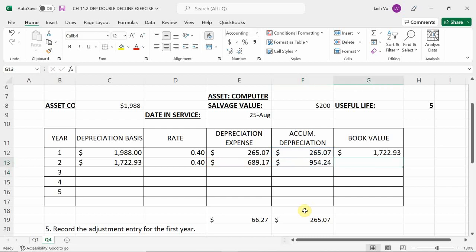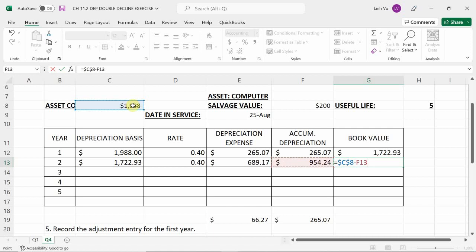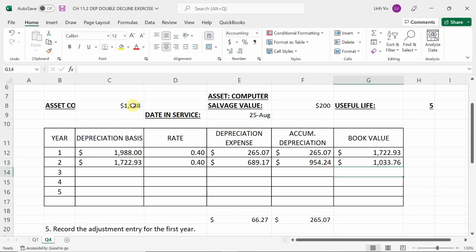So therefore, what is going to be my book value at the end of year 2? $1,033.75. 1,033.76.